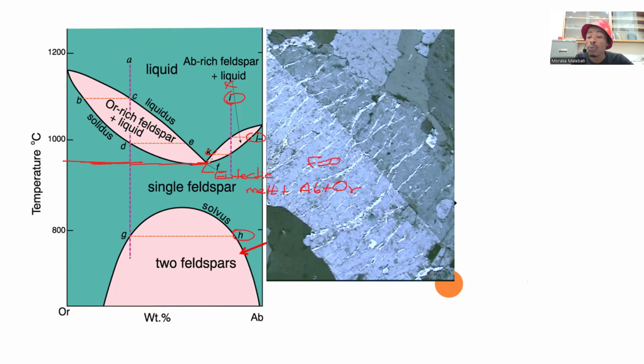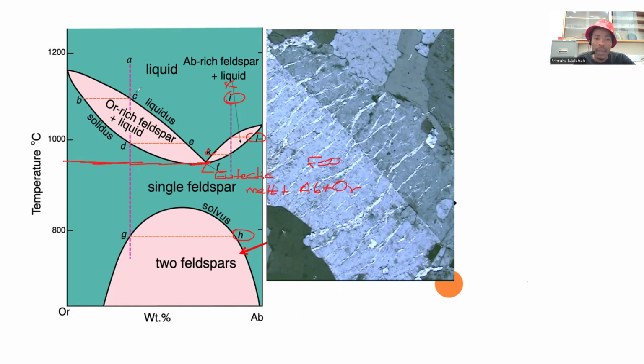It won't move because the temperature is constant, until all of the liquid is consumed, until all of the liquid crystallizes. That is F in this case, but I want us to focus on these parts.